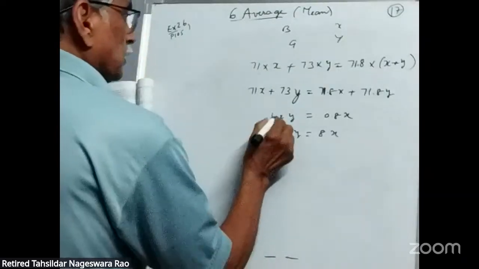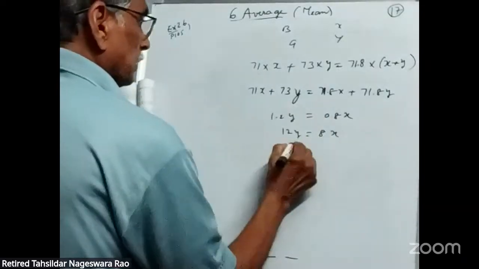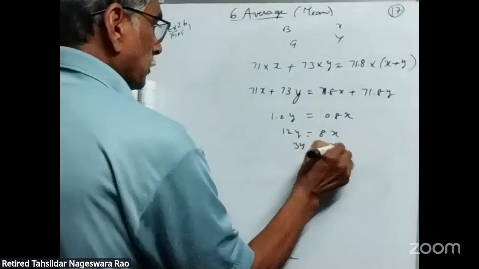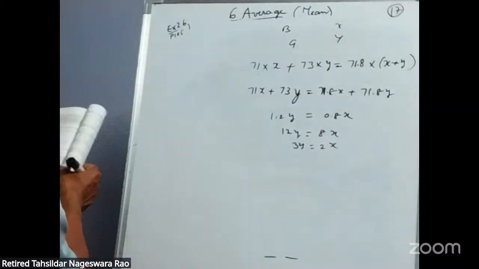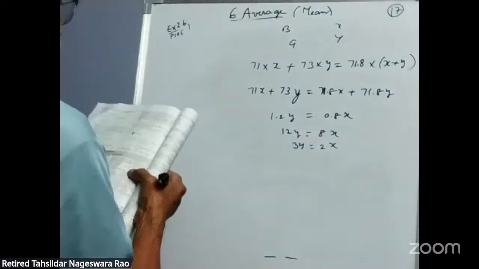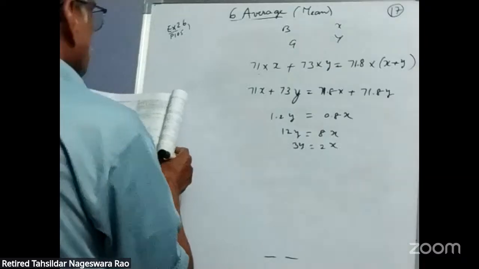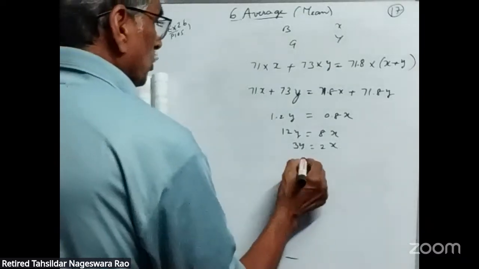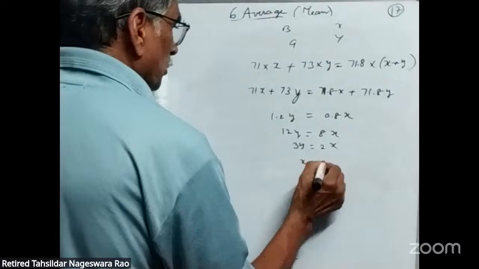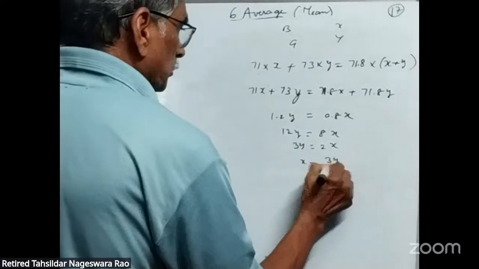Decimal shifted by one. 3y is equal to 2x, or x is equal to 3y by 2.